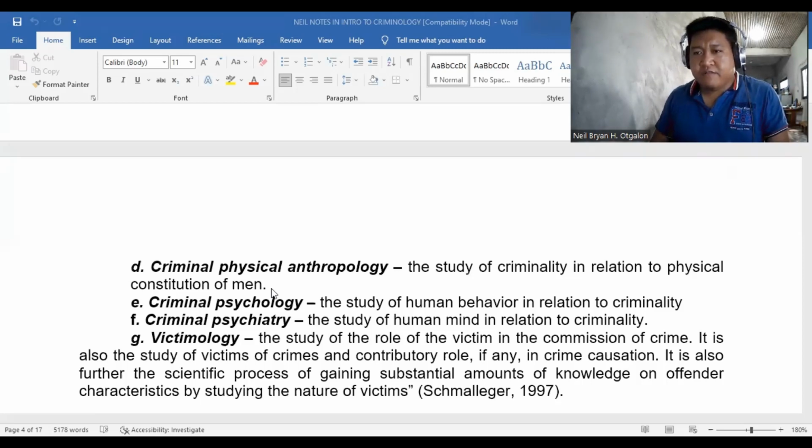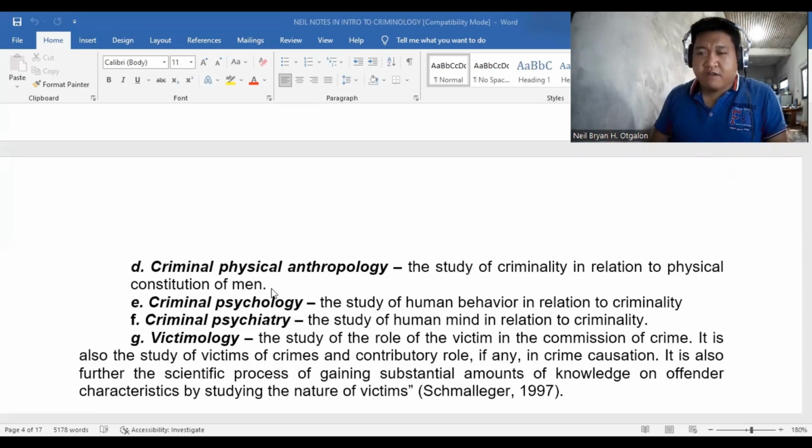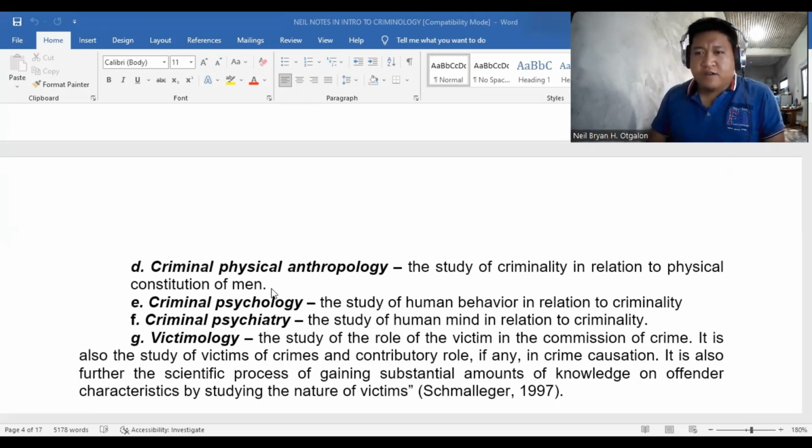Nasabi niya yung matataba, prone yan sa pagnanakaw ang ginagawa. Yung mga slim ang katawan, mostly they commit physical injuries. Yung mga payat, mostly panloloko ang ginagawa. So, these are explanations how crimes exist depending on the physical constitution of men.